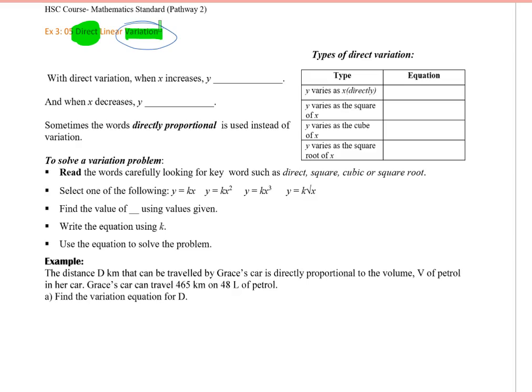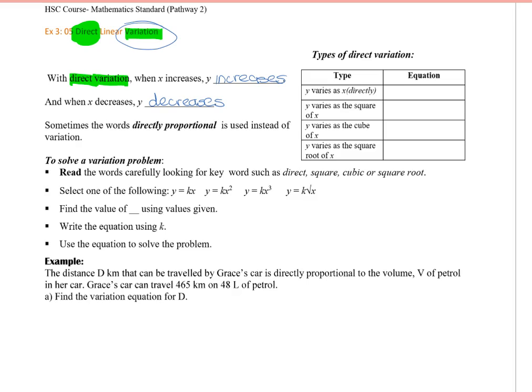Just a few things. With direct variation, something to note is you'll have a situation where when x increases, y also increases. And similarly, if x decreases, then y decreases.